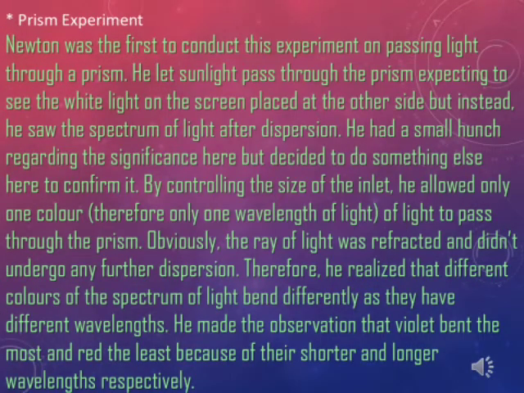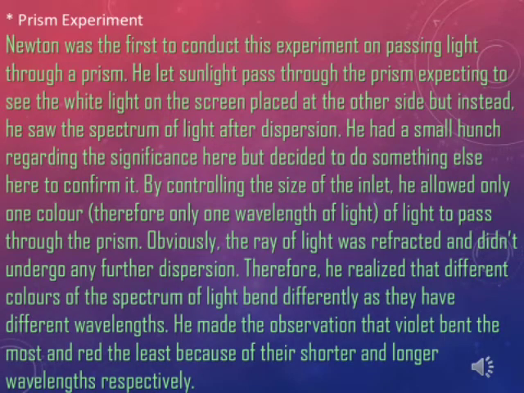So now we are going to learn about the prism experiment, which was done by Newton. Newton was the first to conduct this experiment of passing light through a prism.